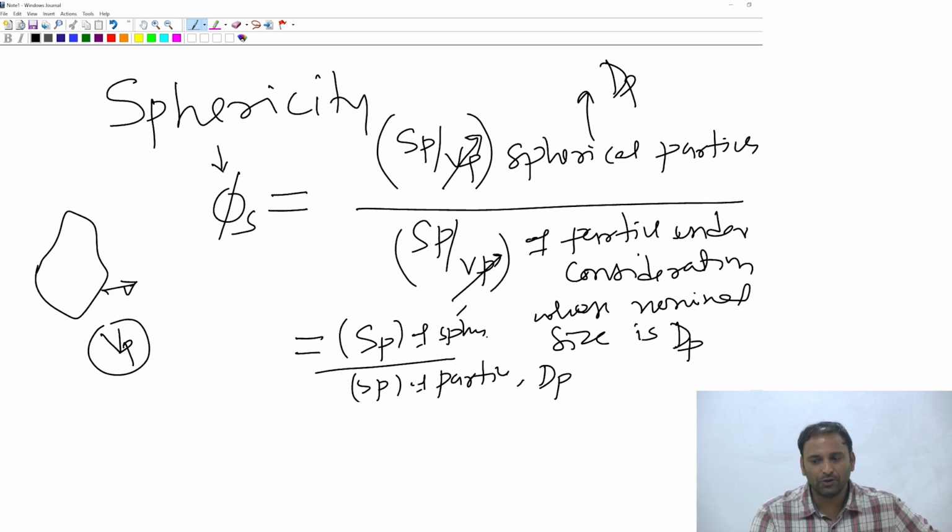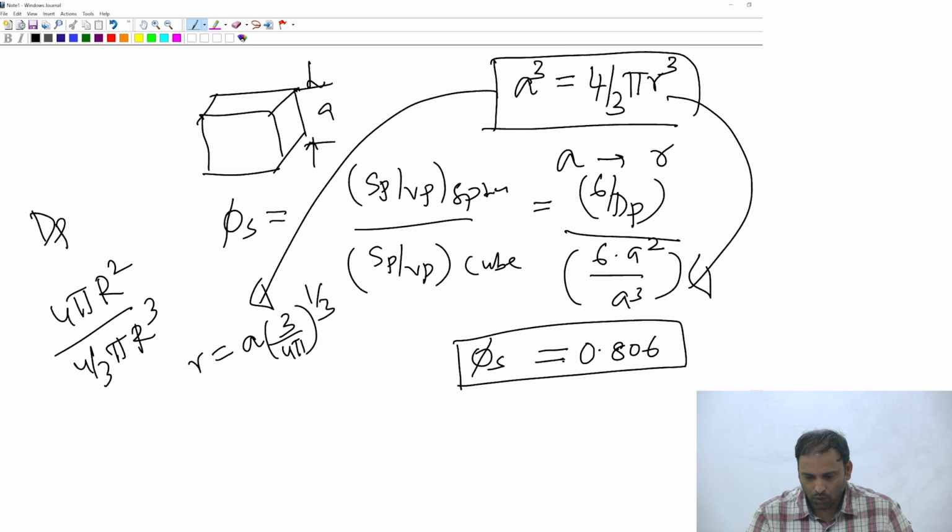But of course when you want to get the equivalent diameter, you would have to equate the volumes: volume of the sphere is equal to the volume of the particle under consideration. You get the nominal size of the sphere, and you have to use that for your calculation. Now, this number that we got, 0.806, does it make sense for you?